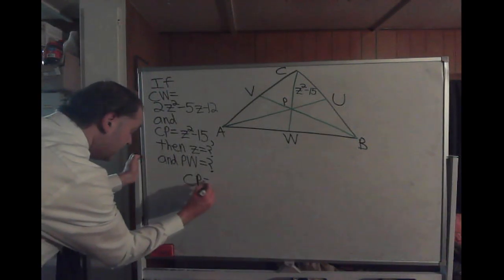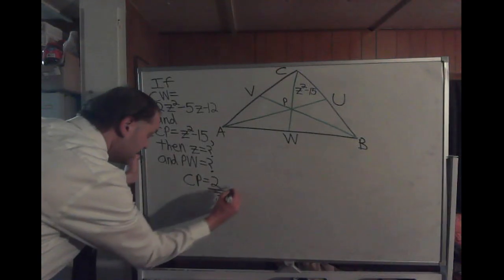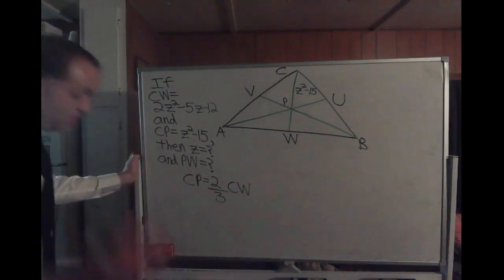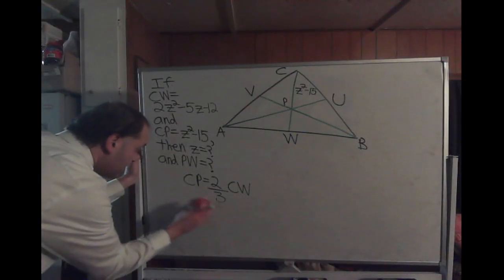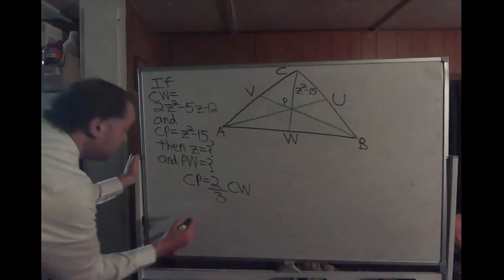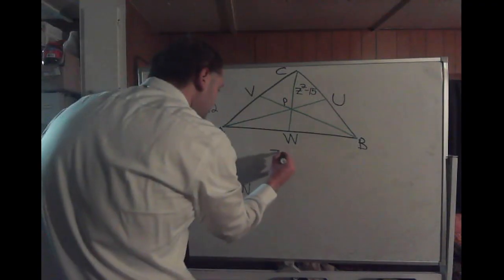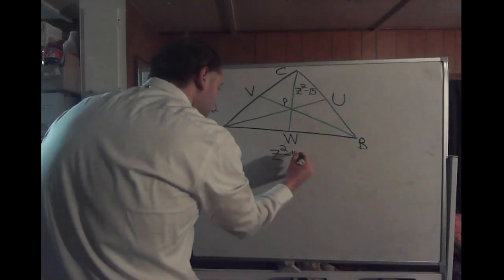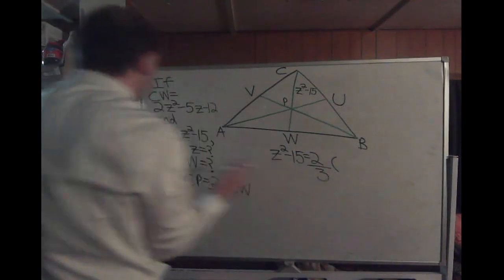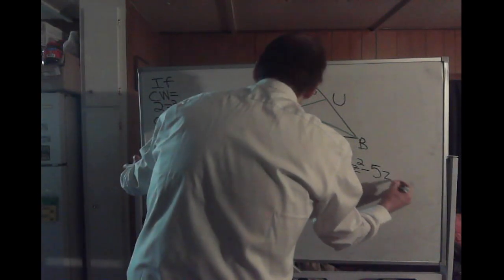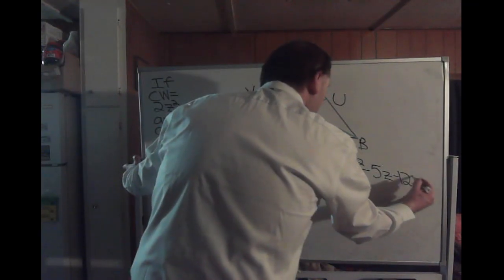CP equals 2/3 of CW, which, if we plug in these values, gives z squared minus 15 is equal to 2/3 of this honkin' thing here, 2/3 of 2z squared minus 5z minus 12.